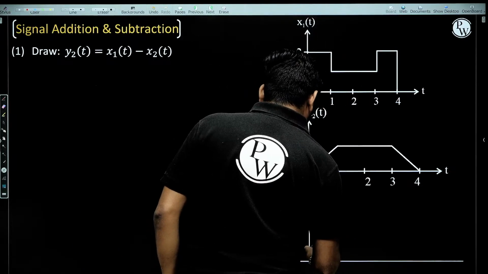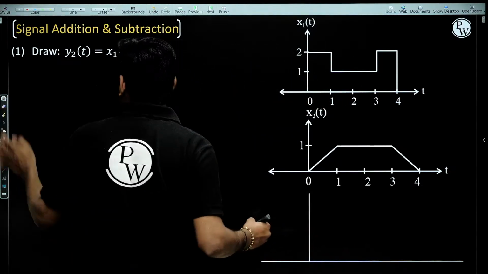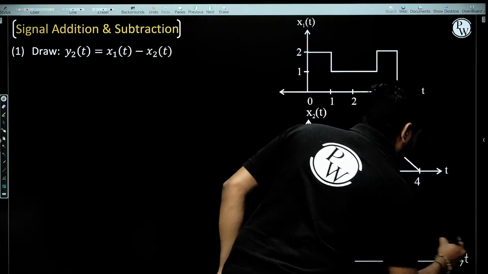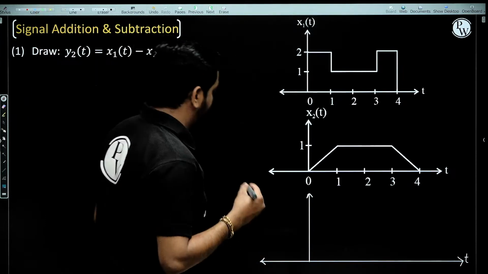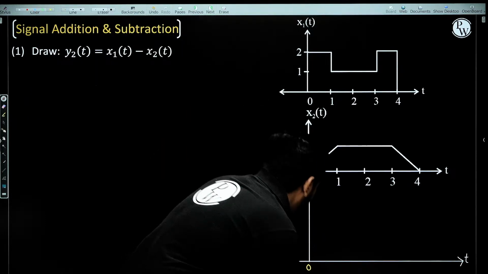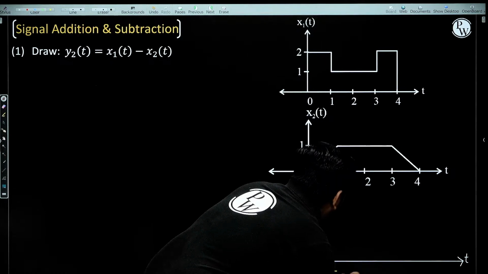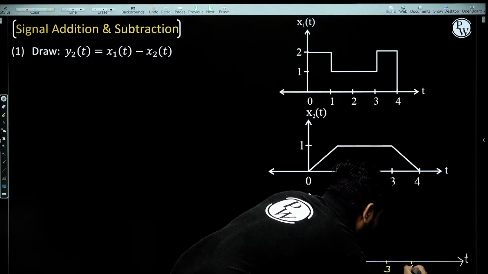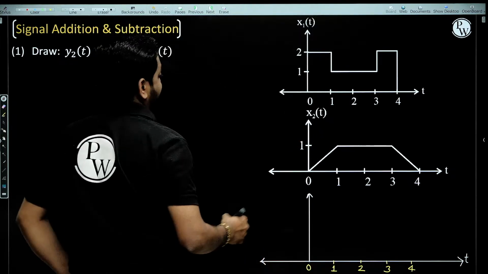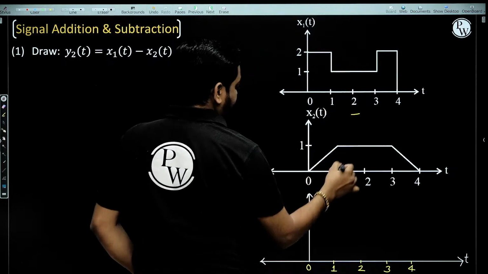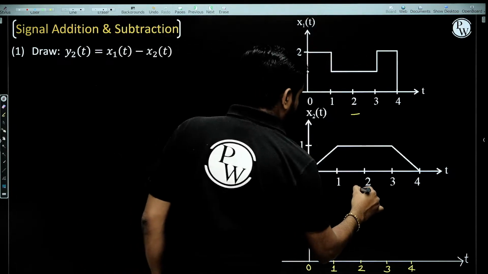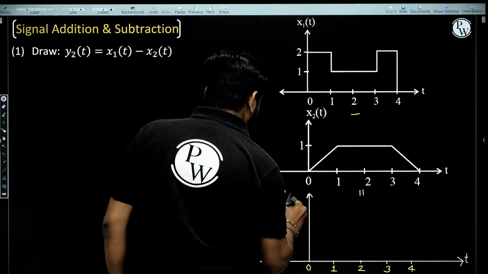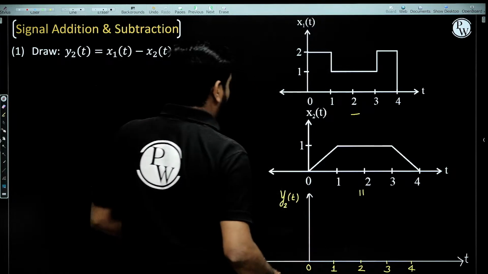In the same way, we can perform the signal subtraction also. So here this is 0, this 1, 2, 3 and 4. So subtraction, x1 minus x2; you can do x2 minus x1 also. The resultant signal is y2 of t.